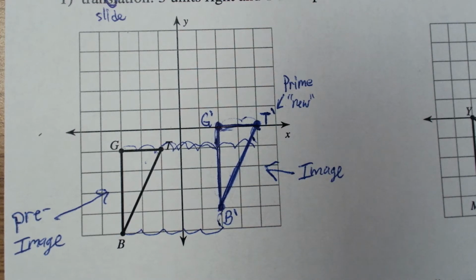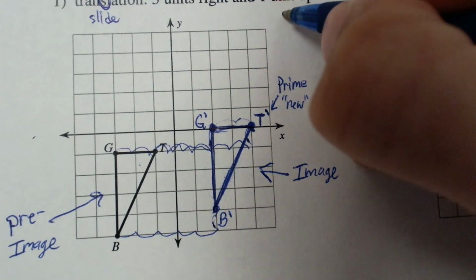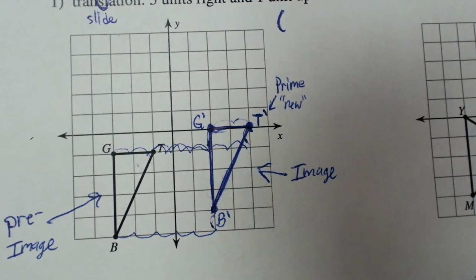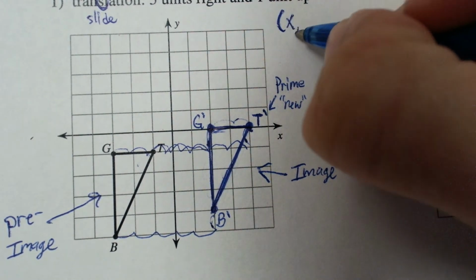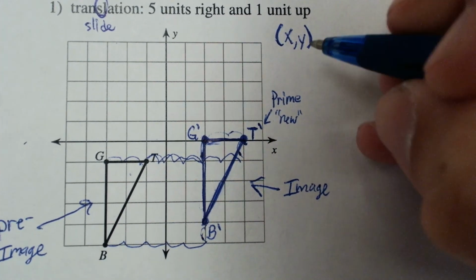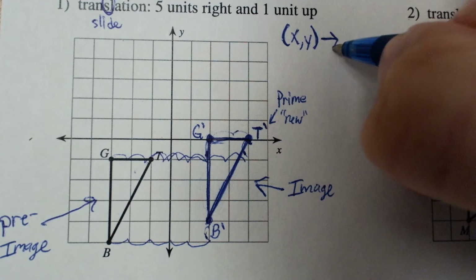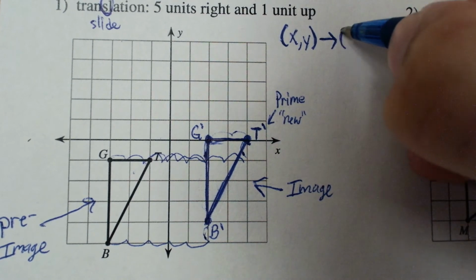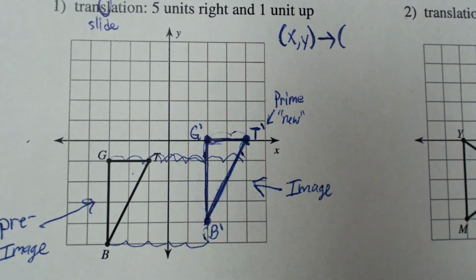Slide 3 has a little table that has all of your algebraic relationships in a nice, neat little table for you. Now, the first one is the translation. It tells you you're going to take your x and your y coordinates and change them to something else. So you're going to apply this rule to get your new coordinates.